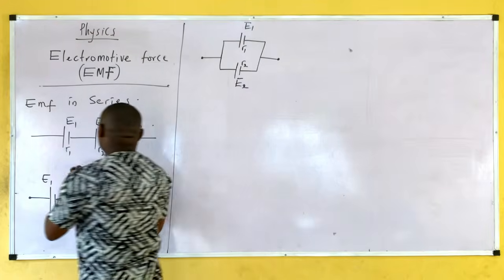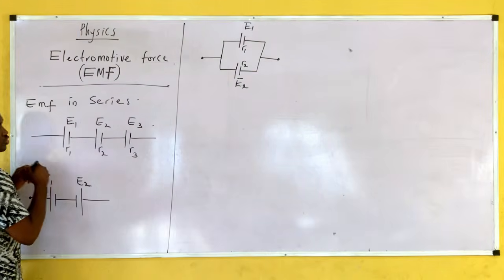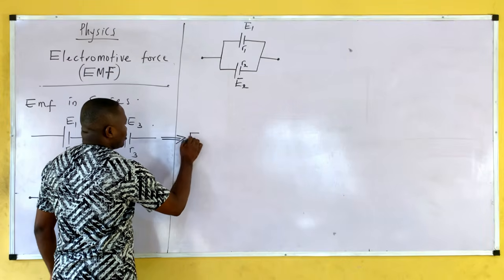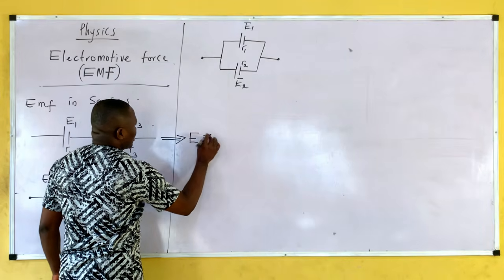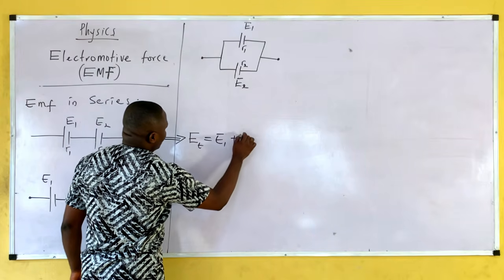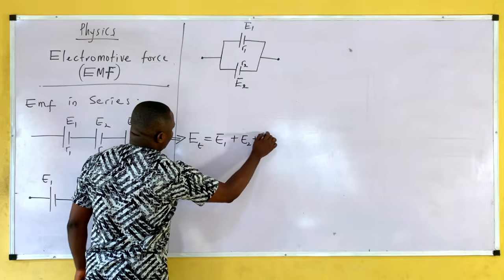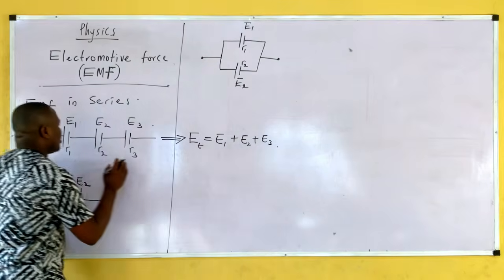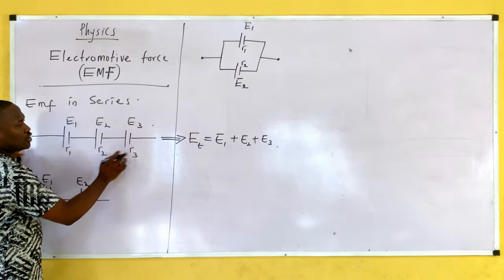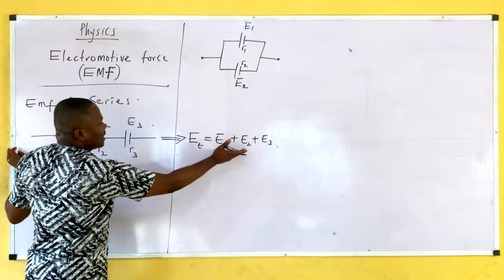So for this case, the total EMF, E total, is equal to E1, that's EMF 1, plus EMF 2, plus EMF 3. So once you have batteries connected in series, the total EMF is gotten like this.